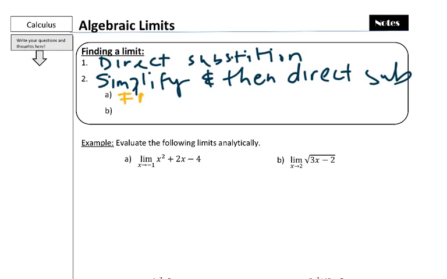One of them requires factoring. I know some of you do not like that, but we're going to be doing some factoring. And when you factor, you'll see that some stuff will cancel. Okay? And then the second way we can simplify is rationalize.